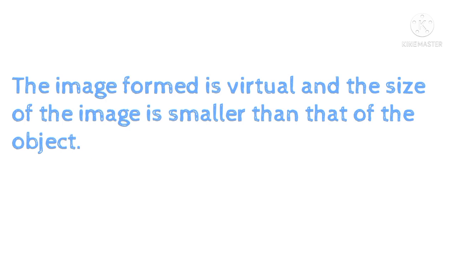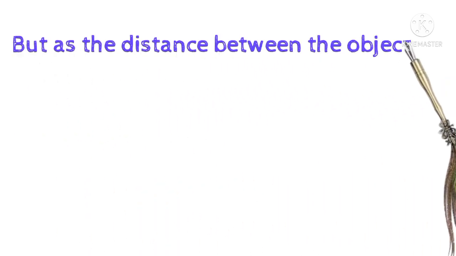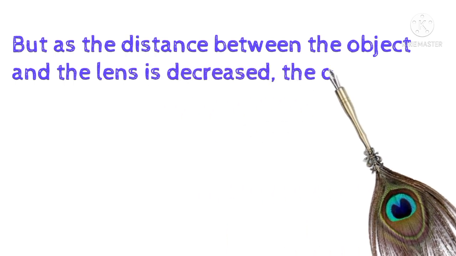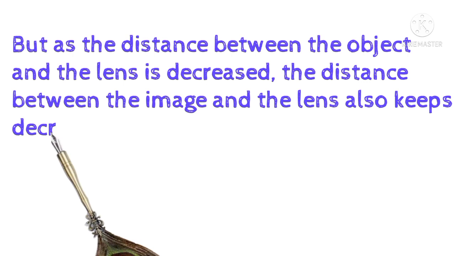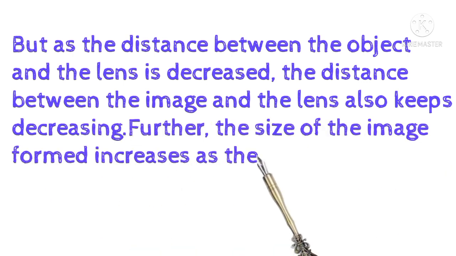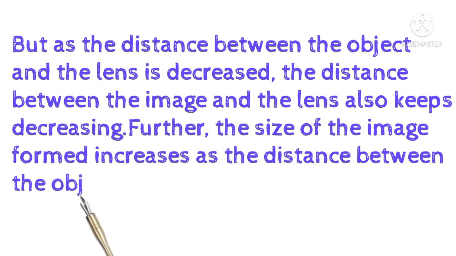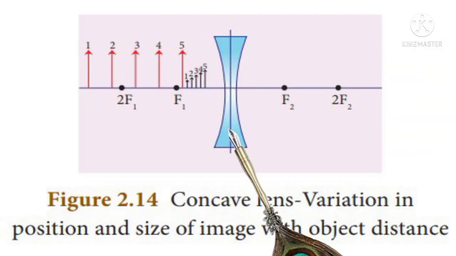If the distance between the object and the lens is decreased, then the distance between the image and the lens also keeps decreasing. Further, the size of the image formed increases as the distance between the object and the lens is decreased. This condition is explained in the figure.